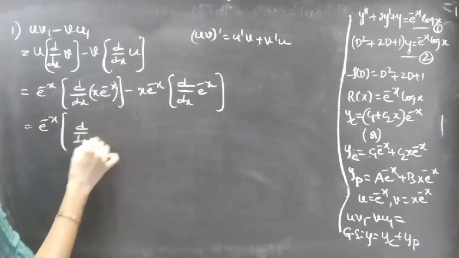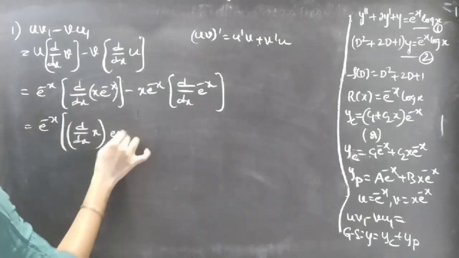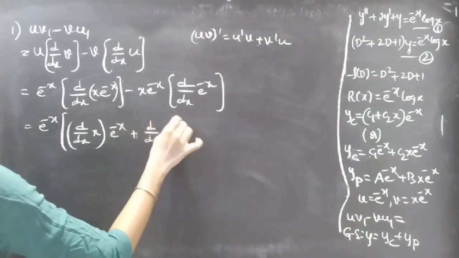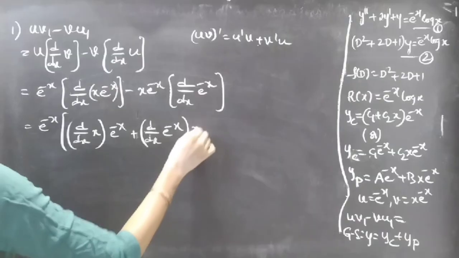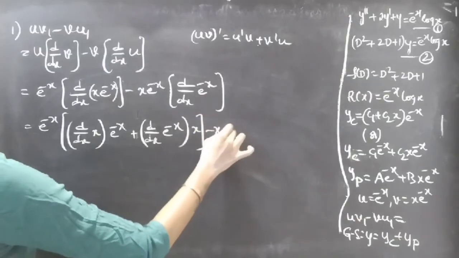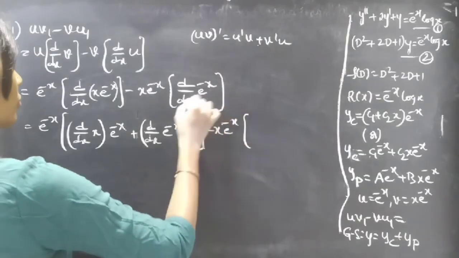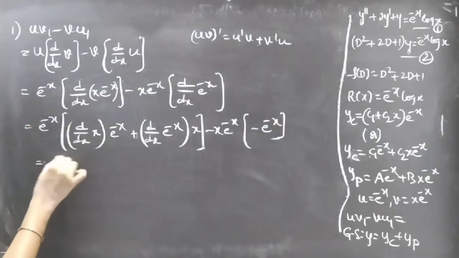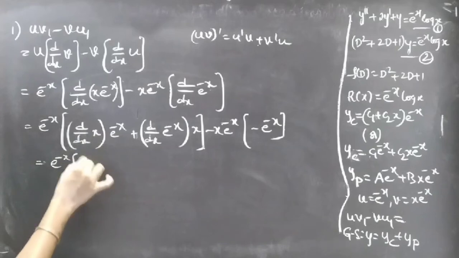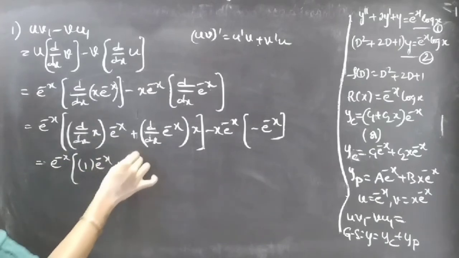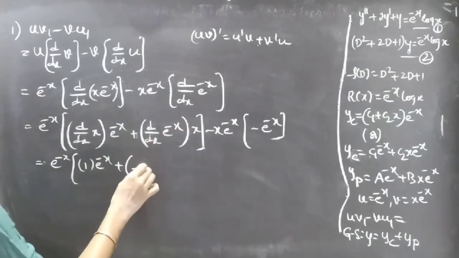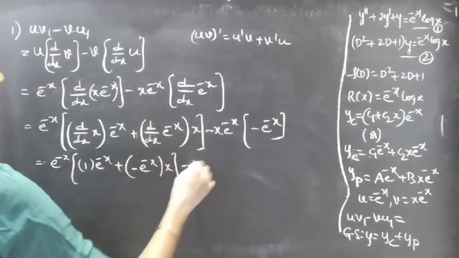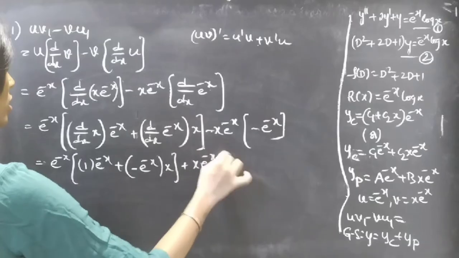So you'll get derivative of x with respect to x into e power minus x plus derivative of e power minus x into x, minus x into e power minus x into derivative of e power minus x with respect to x, which is minus e power minus x. This equals e power minus x of derivative of x with respect to x, which is 1, into e power minus x plus derivative of e power minus x with respect to x, which is minus e power minus x, into x, minus into minus plus x e power minus x into e power minus x.